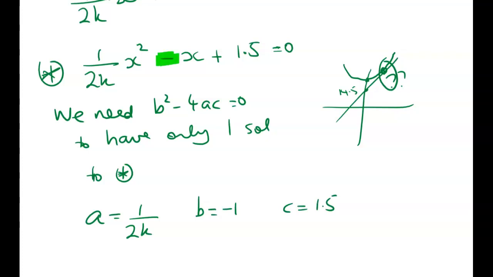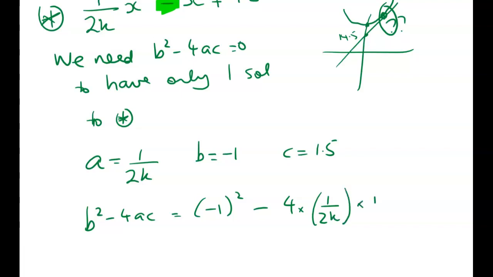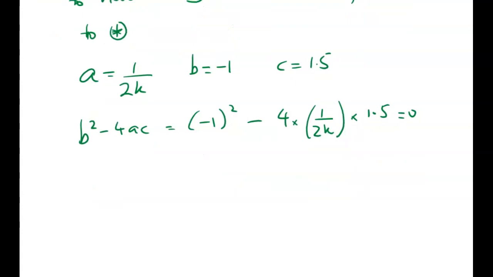Just be really careful that you've got a negative sign there. Sign errors are so easy to make. So b squared minus 4ac is equal to -1 squared minus 4 times 1 over 2k times 1.5, and that has to equal 0.